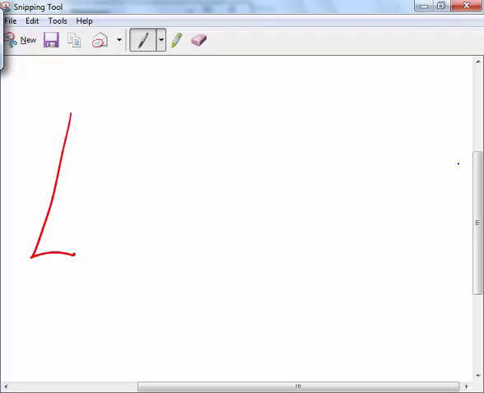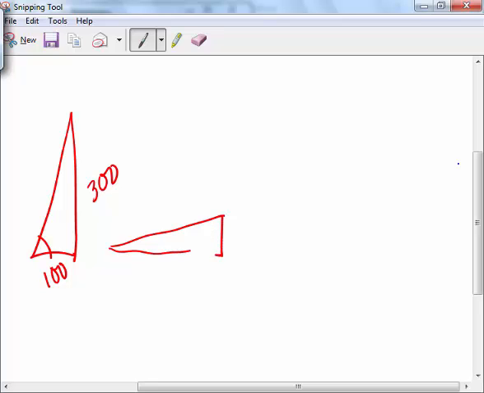So let's say the first one, we want to know this angle if this is 100 and this is 300, let's say. Or if, let's do the second one, if this is 35 and this is 20, and we want to know compared to this angle.